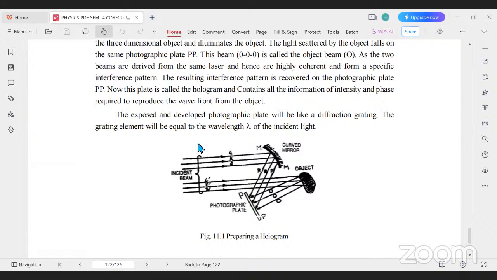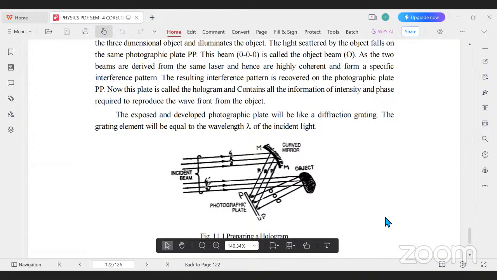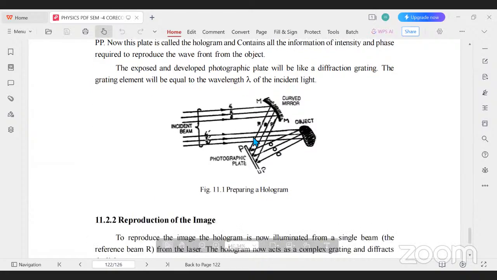The exposed and developed photographic plate will act like a diffraction grating. We know what a grating is. The output is filtered and we get a clear result, with the wavelength equal to lambda of the incident light.